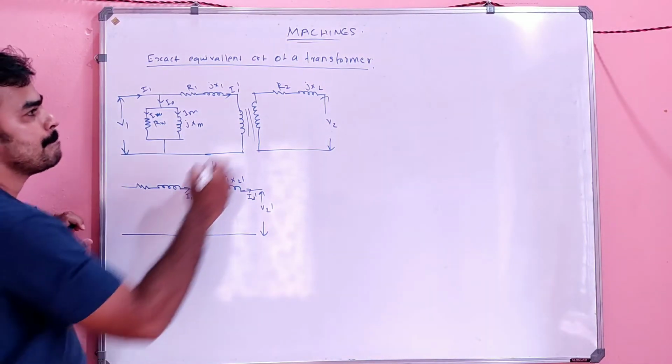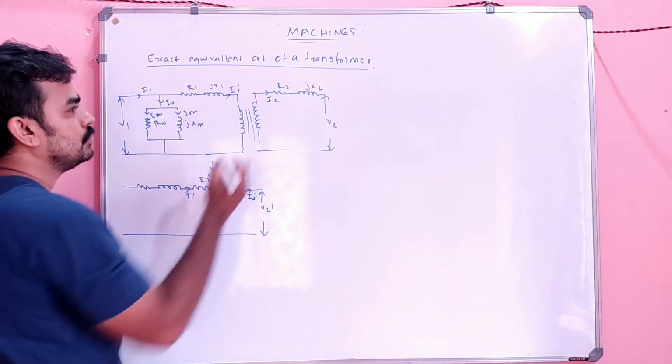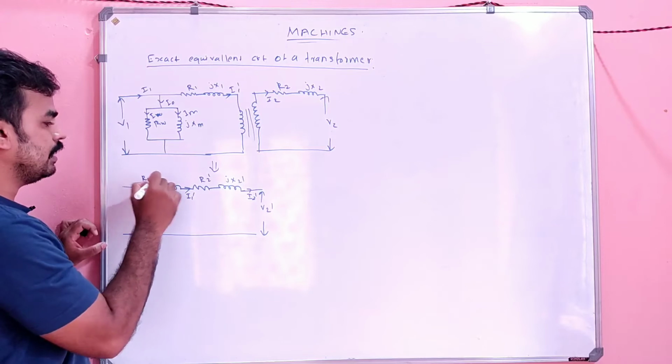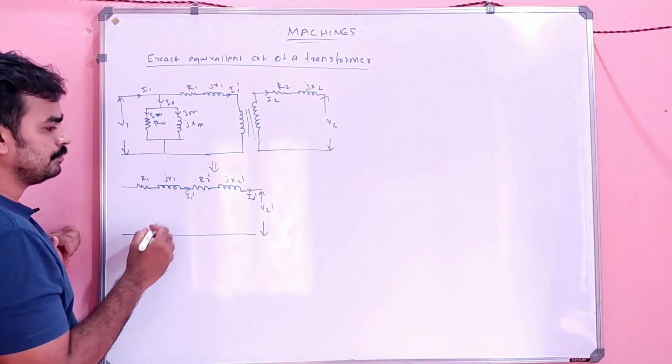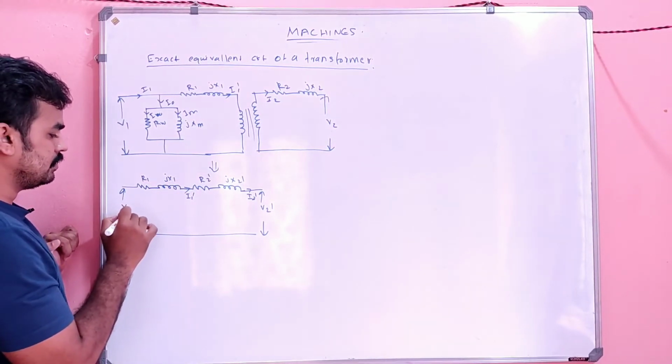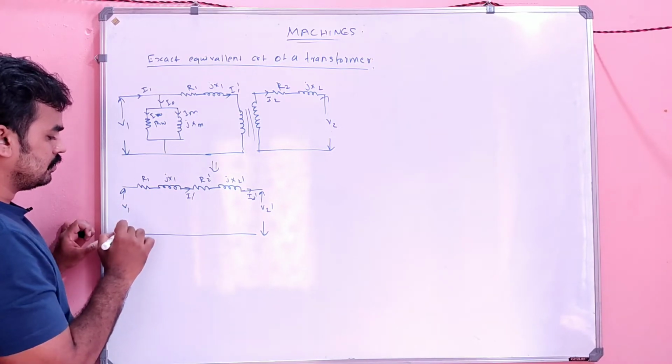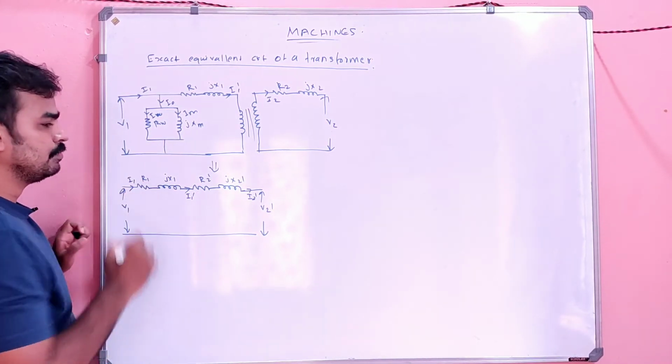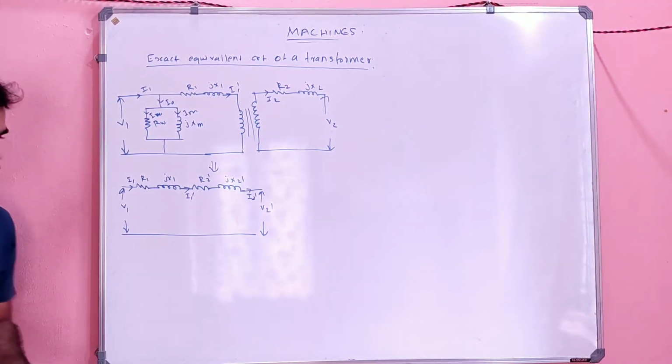This is I2, right? So this will be R1, this will be jX1, and this will be V1, this will be I1. So you can reduce our circuit like this.